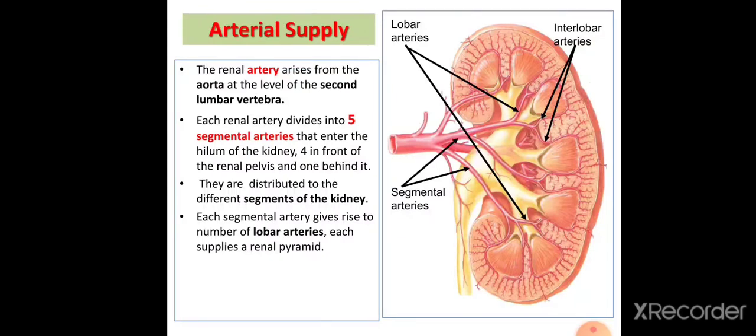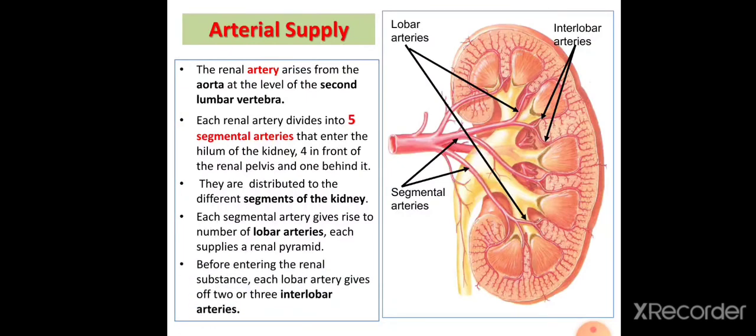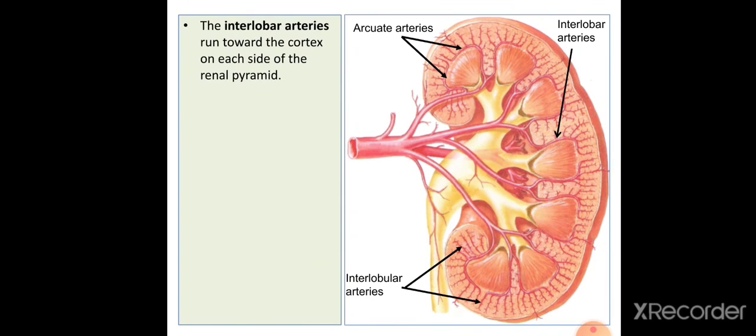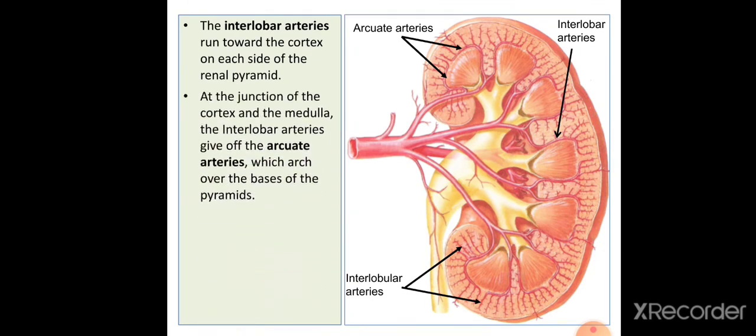These lobar arteries again bifurcate to form interlobar arteries, and these interlobar arteries form an arch-like structure over the bases of pyramids and are known as arcuate arteries. These arcuate arteries provide the afferent arteriole for the Bowman's capsule, that is the formation of the glomerulus.